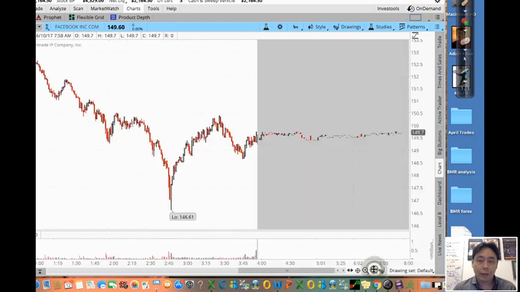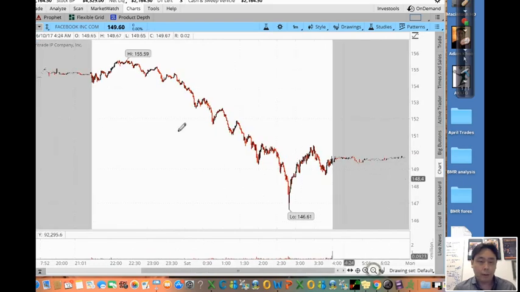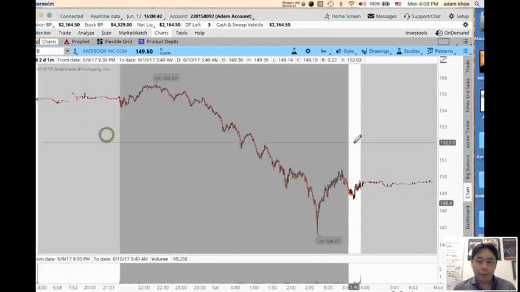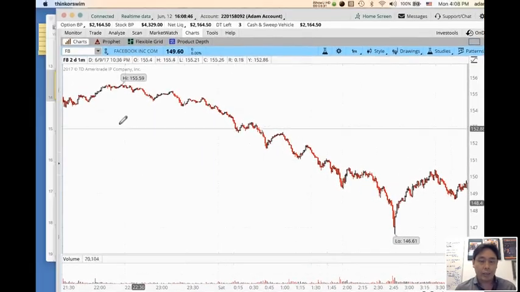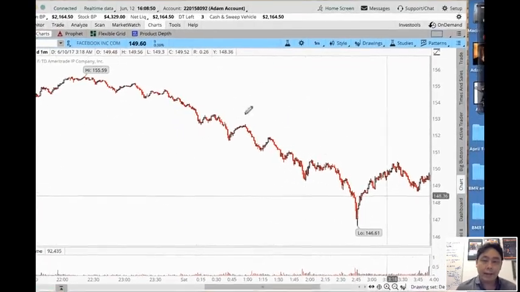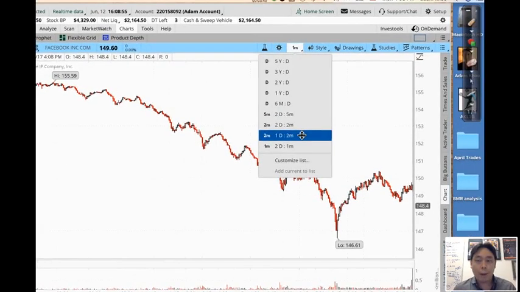So if you take a look at Facebook, for example, let me just zoom out. From here all the way to here, this represents 1 day. So you can see in 1 day there were many 1-minute candles, but this entire day is represented through 1 candle, right?